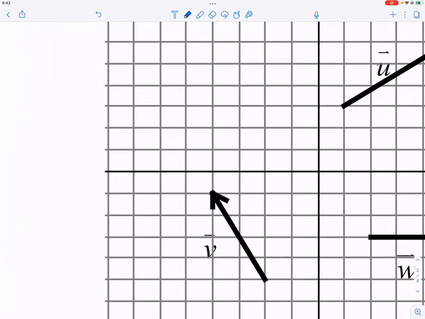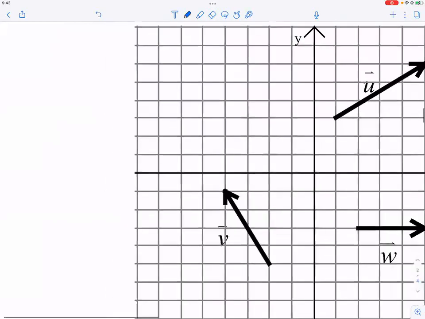If there's a 2 multiplied by the vector v, that means the vector is going to be twice as long. Same direction, but twice as long. So 2v would be like going 4 units to the left and then 8 units all the way to the top.